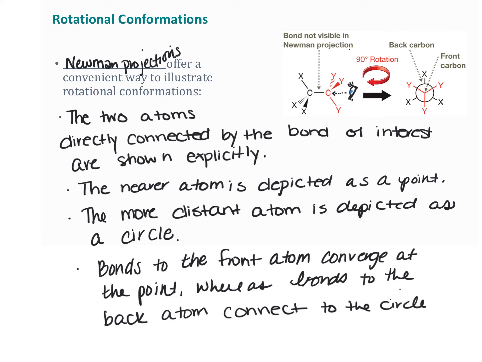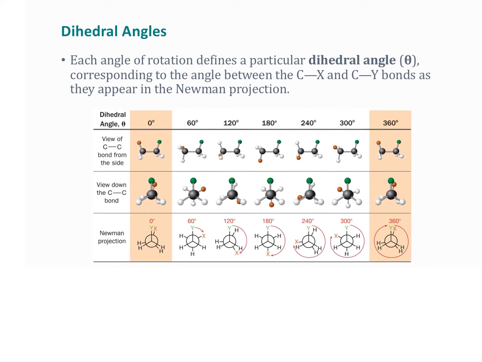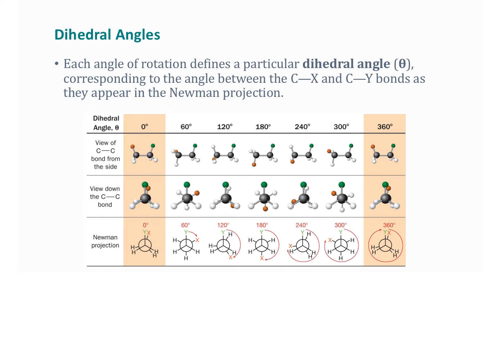Now, let's look at rotations. Each angle of rotation that we see defines a particular dihedral angle. The dihedral angle here corresponds to the angle between the CX bond on that generic molecule and the CY bond.